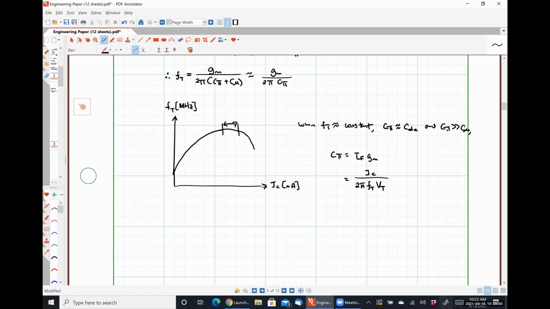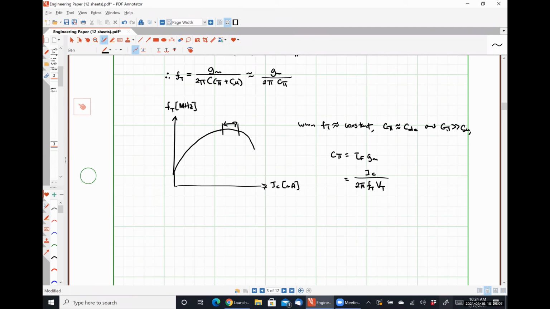So we can actually figure out what our forward base transit frequency is as well, if it weren't given to us, by knowing what C pi is and looking at this graph.